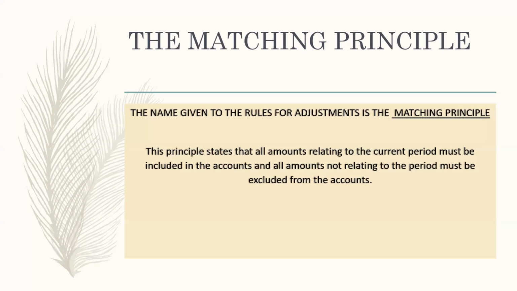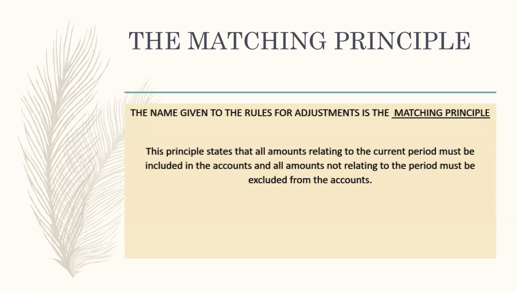So all that we are looking at right now is the matching principle. The slide we just looked at talks about the matching principle, which states that all amounts relating to the current period must be included in the accounts, and all amounts not related to the current period must be excluded from the accounts. That deals with the matching principle.